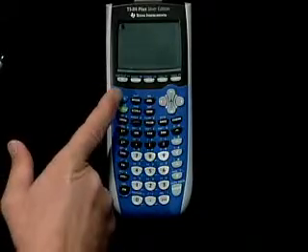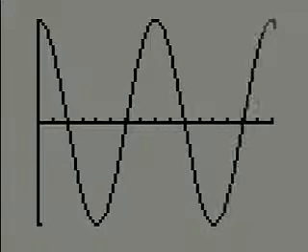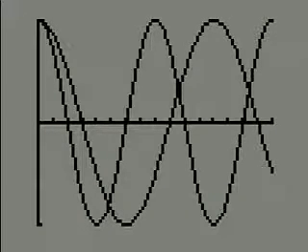I hit my y key, and I can show you that I've already plugged in y1 equals cosine x, and y2 equals cosine 2/3 x. When I hit the graph key, you will see it draw the cosine x curve first, and then the cosine 2/3 x. So here we go. Here it's drawing the cosine, and now it's drawing cosine of 2/3 x. Well, what's happened there?